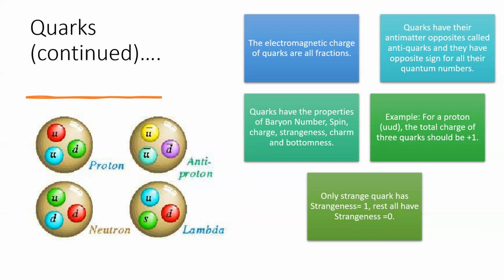Quarks have their antimatter opposites called antiquarks. Every single thing will have its antimatter, and they have opposite sign for all of their quantum numbers. In my previous video, I also said that quantum numbers, think of it as an address. You need to have the spin, the charge, the angular spin, and strangeness and bottomness of these quarks.